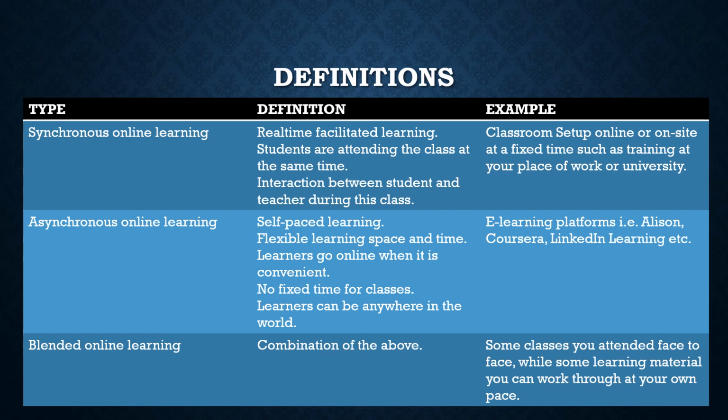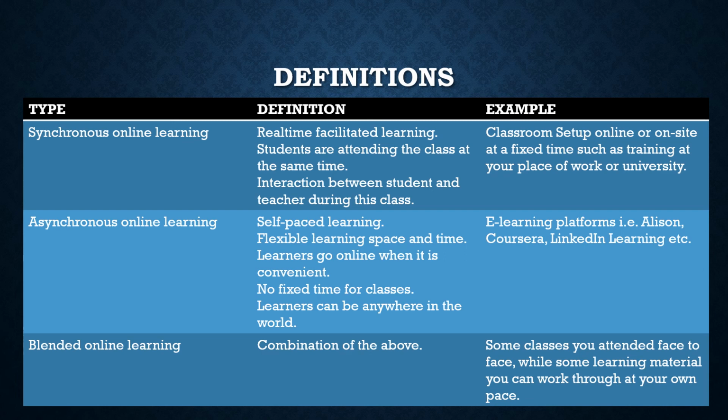So you attend a class at a certain time and there is continuous interaction between you and the teacher. In this case, it's on site, at a fixed time, it can be at your place of work, and it can even be at your university. So this is almost like going to school.